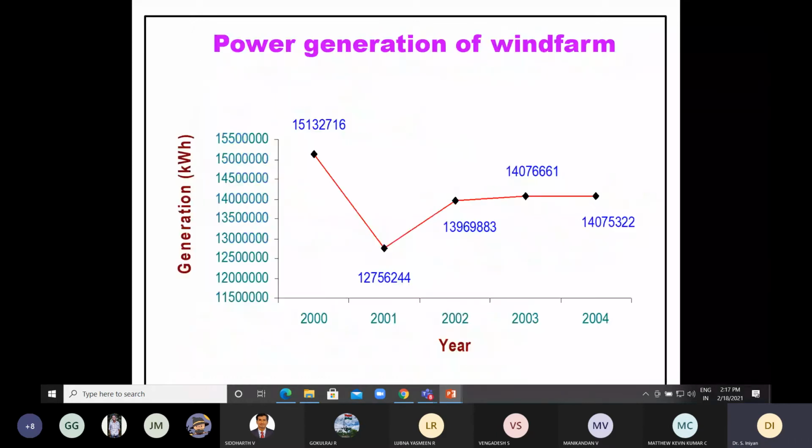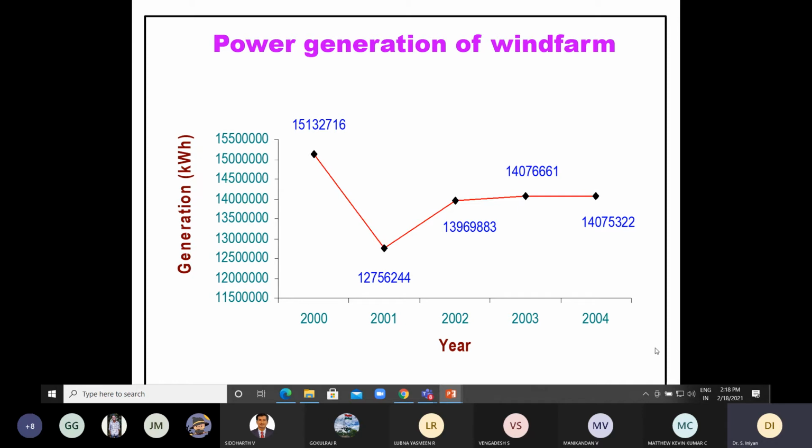And this is the power generation of the Mupandal wind farm. In the year 2000 here, it could generate this much amount of power. And in the years 2001, 2, 3, it is old data; the data is available up to 2004, and now it is updated.